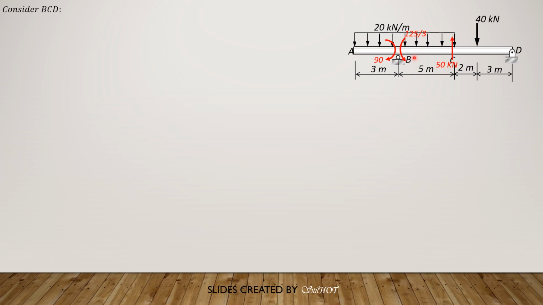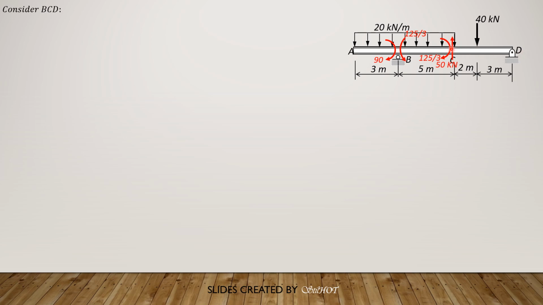Reaction times 2, because the reaction at B is also the same at C by symmetry, equals 20 times 5. 20 times 5 is 100 divided by 2, so each reaction is 50. The moment is clockwise 125 over 3.